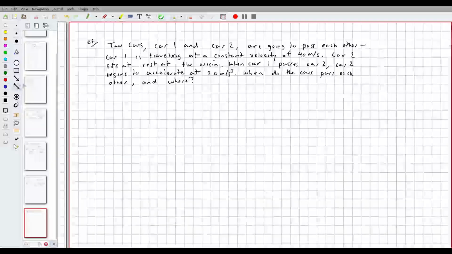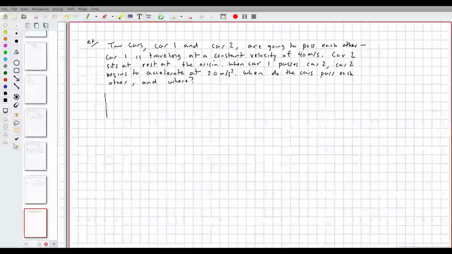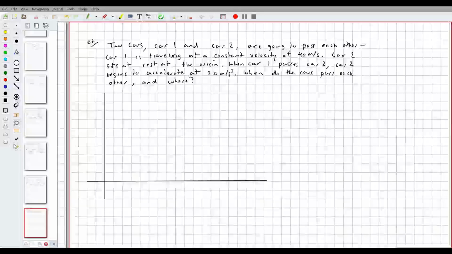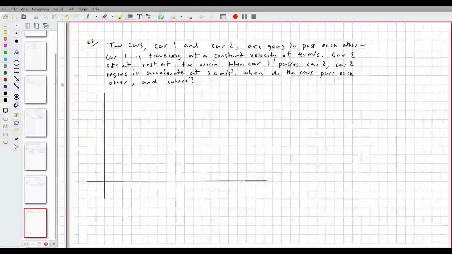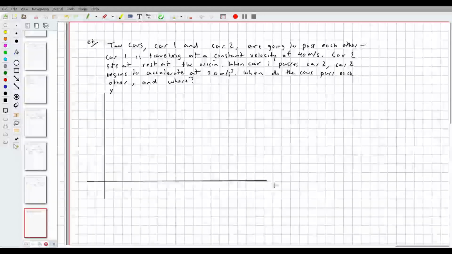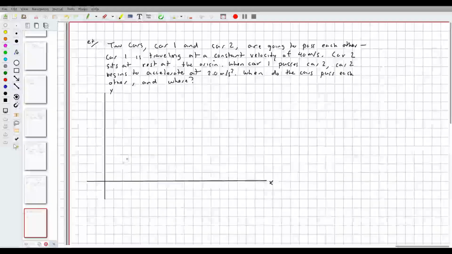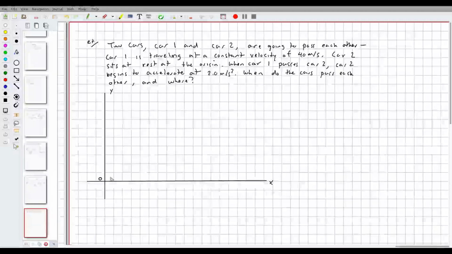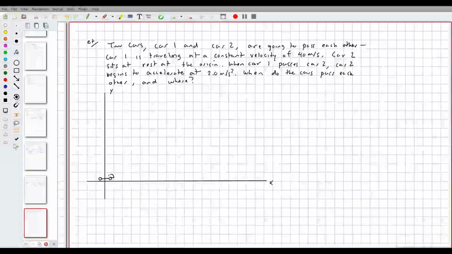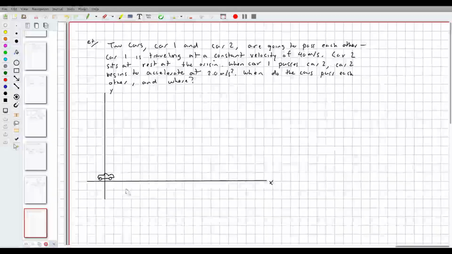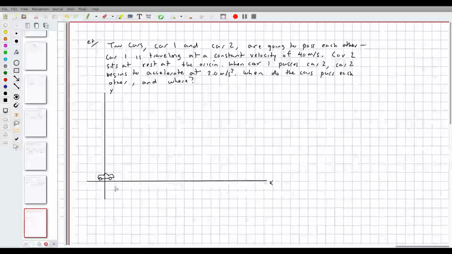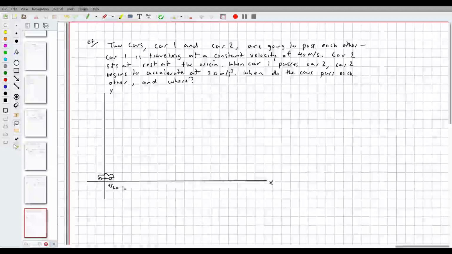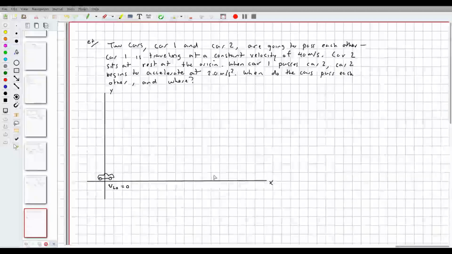Okay, so let's draw our coordinate system. Now, here's car 2 right here. It's the one that's at rest. To differentiate between it and car 1, since it's car 2, its initial velocity is 0.